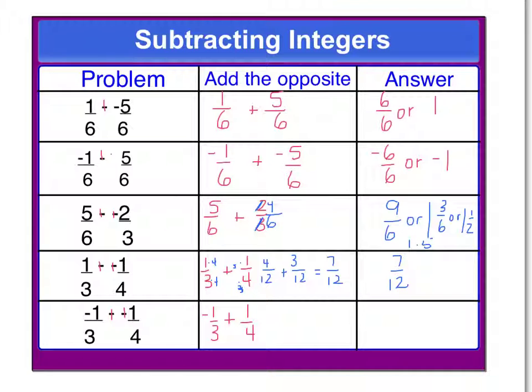Here, our common denominator is going to be 12. So we've got something over 12 plus something over 12 equaling something over 12. We multiply by 4. Negative 1 times 4 is negative 4. We had to multiply by 3. We get 3. We have to take our numerators and subtract. 4 minus 3 gives us 1, and since the bigger number is negative, it's going to be negative.